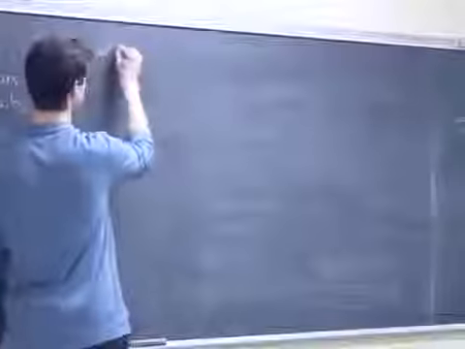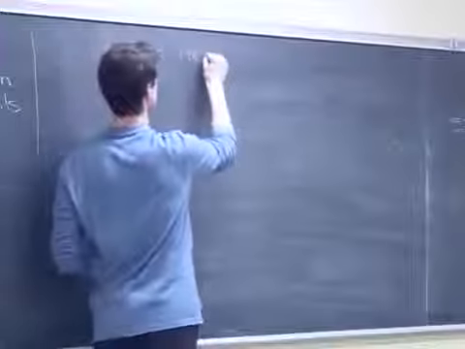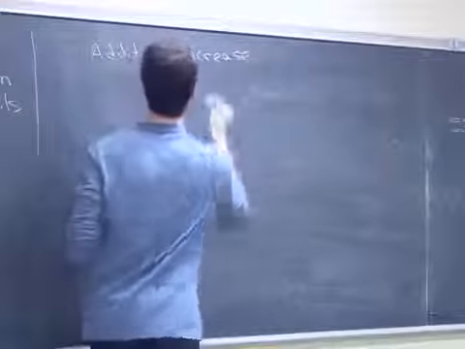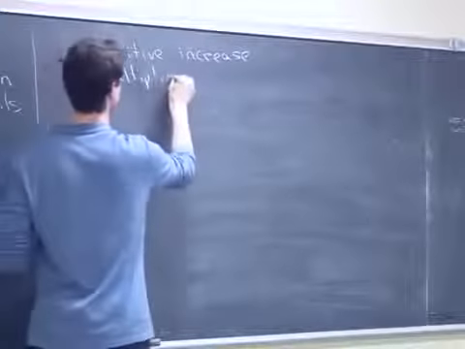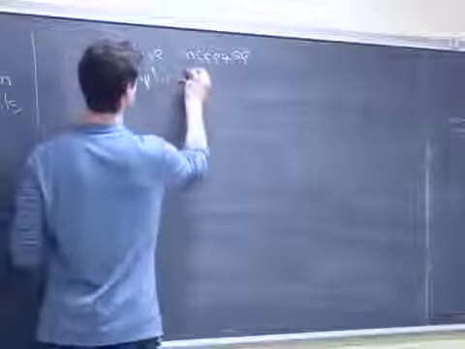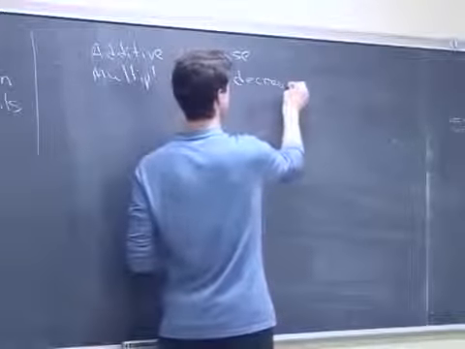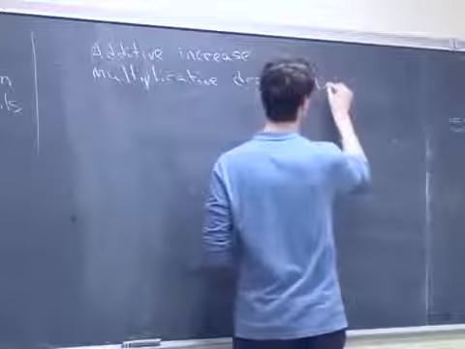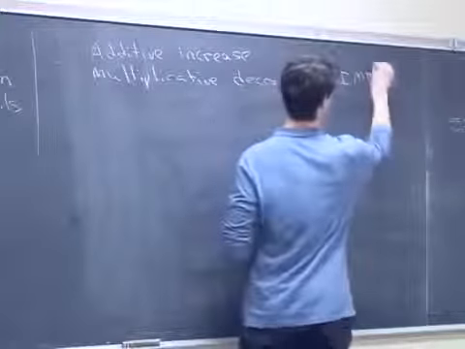All right, so to solve this problem, TCP does additive increase, and then multiplicative decrease. And you can abbreviate that with the handy acronym AIMD.